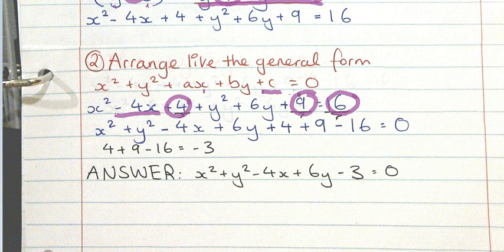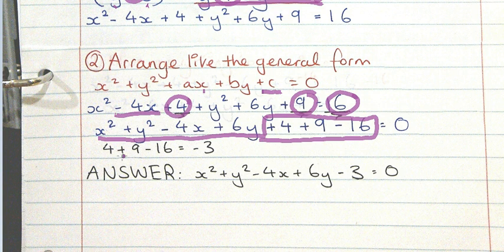So we would have to put, just like the plus c is at the end, all the numbers at the end, plus 4, plus 9, and then we'd move the 16. We'd move it over there by doing the opposite of what it is. If this is plus 16, to remove it, we have to do the opposite on both sides, which is negative 16.